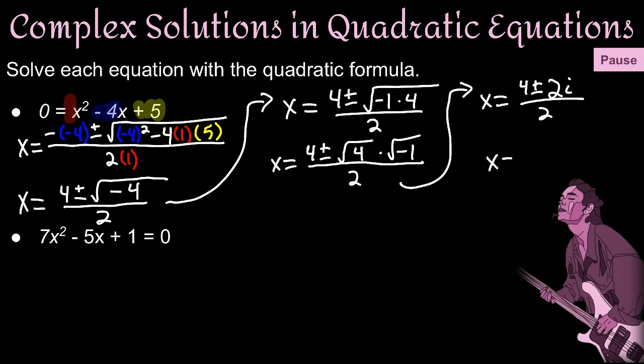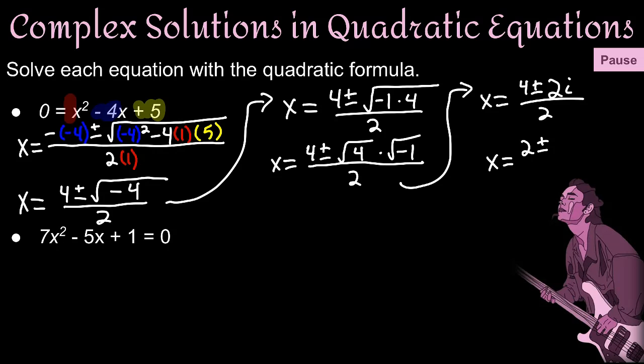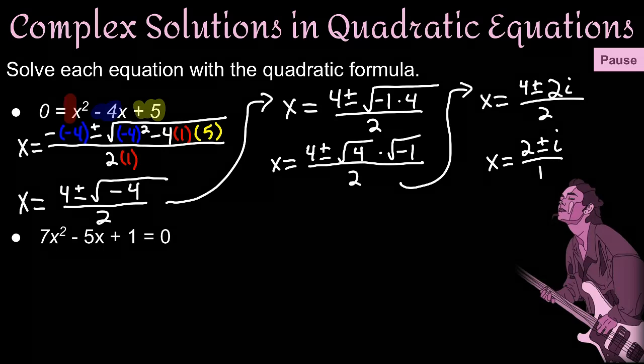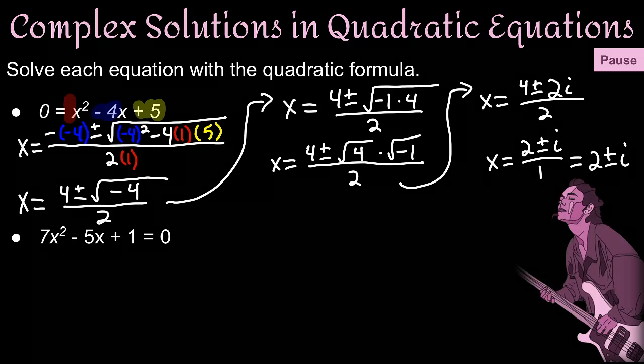So I get x is equal to 4 divided by 2 is 2, plus or minus 2 divided by 2 is 1, so it'll be 1i, which is just i, over 1. And I don't need to say anything's divisible by 1, so I can just say 2 plus or minus i. And that is my complex conjugate solutions.